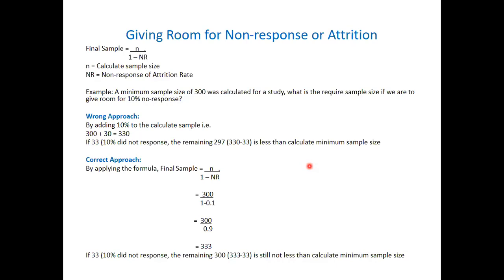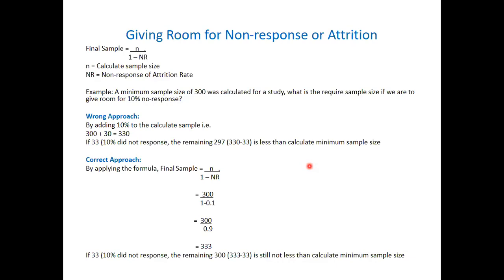Whichever way, it will have effect because if you have calculated minimum sample size, anything below that number may not answer the question. So it makes sense that you will have envisaged what if they don't answer some of those questions? What is the rate of non-response? What if some of them fall out? What is the attrition rate?